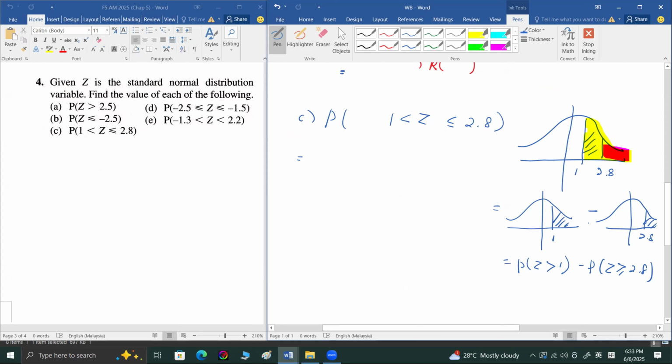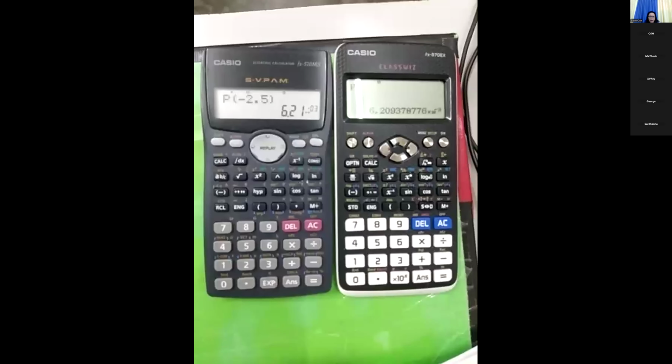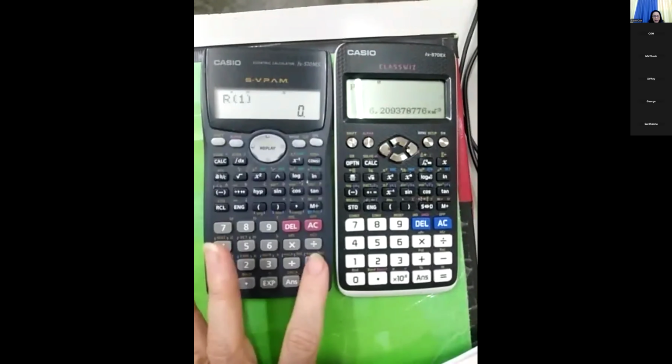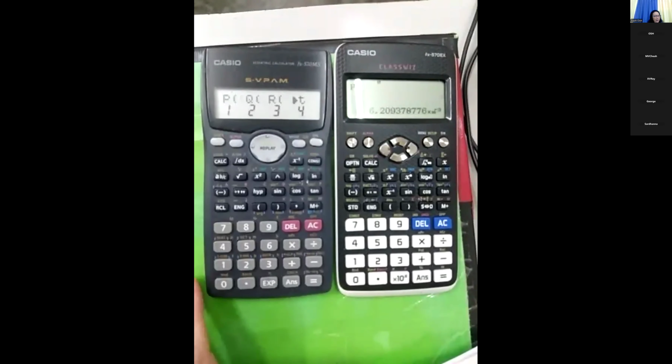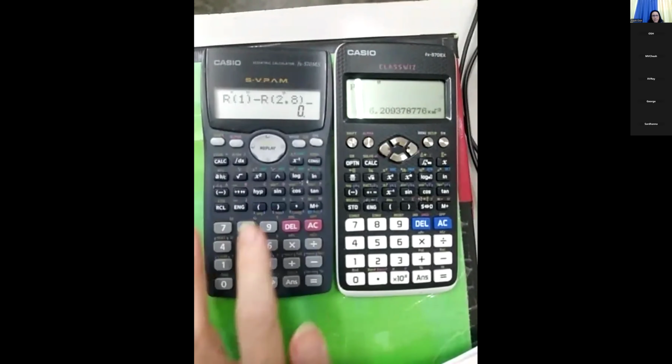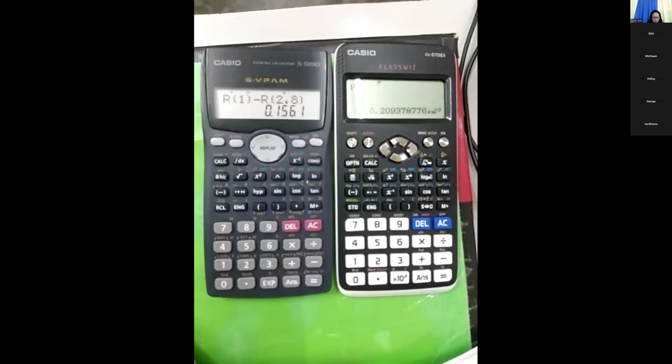Go shift, distribution, you use R. So you apply 1, minus, shift, distribution, the same thing, R, minus 2.8. You put equal. Your answer is 0.1561.